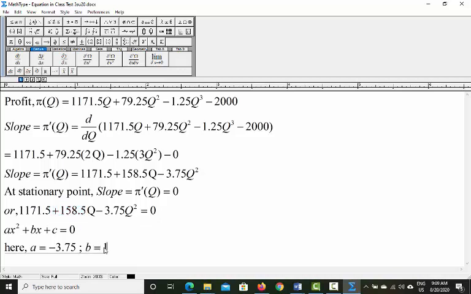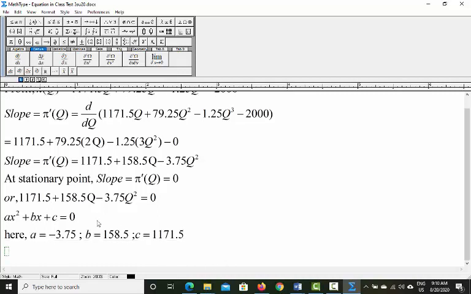So we have 158.5, that's the value of b. Now we will find the value of c. c is the remaining part without the variable, so that's 1171.5.